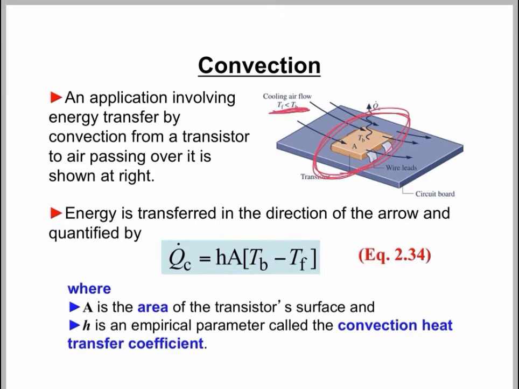So that flowing fluid, which might be air, will cool off that plate. And as it does, the direction of heat transfer will go from the hot area through the fluid in this direction.